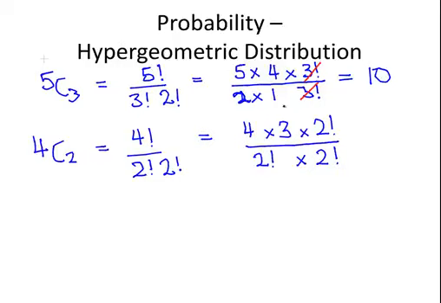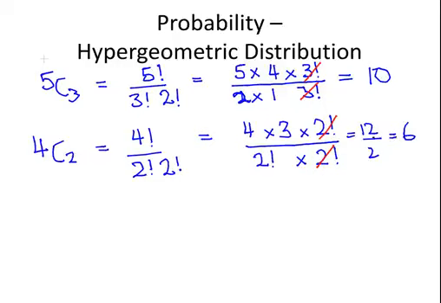So let's cancel out the 2 factorials there. Okay, so 4 by 3 divided by 2 times 1. That's 4 by 3 is 12 divided by 2, and that's equal to 6.